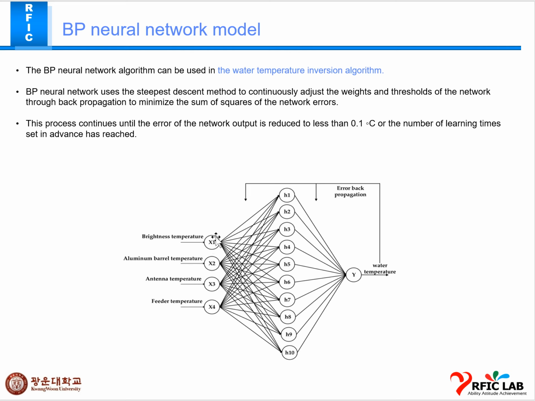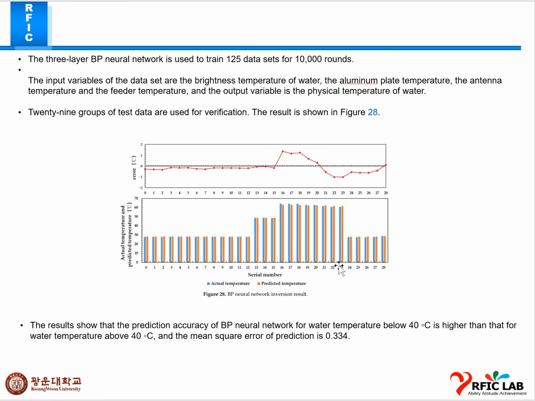As in this example, there are four layers. Brightness temperature, aluminum plate temperature, antenna temperature, and feeder temperature feed 1 to 10 hidden nodes. The output is the water temperature, with error back propagation.